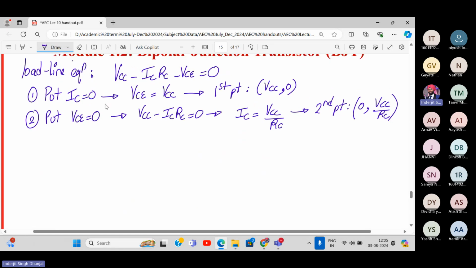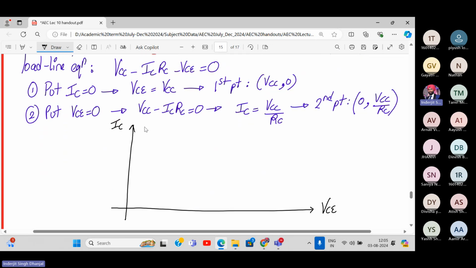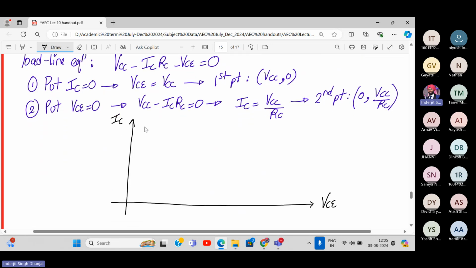So let's plot the points now. This is my output graph. This is VCE. This is IC. Where is my coordinate VCC comma 0? Let's say over here. This is the first point. The second point is 0 comma VCC upon RC. Remember, VCC upon RC is a current, so it will come over here.